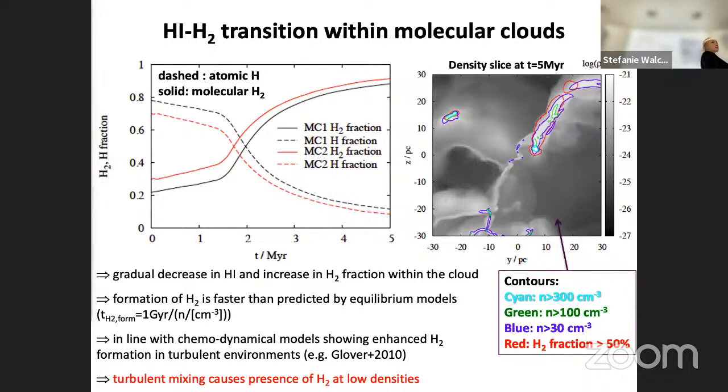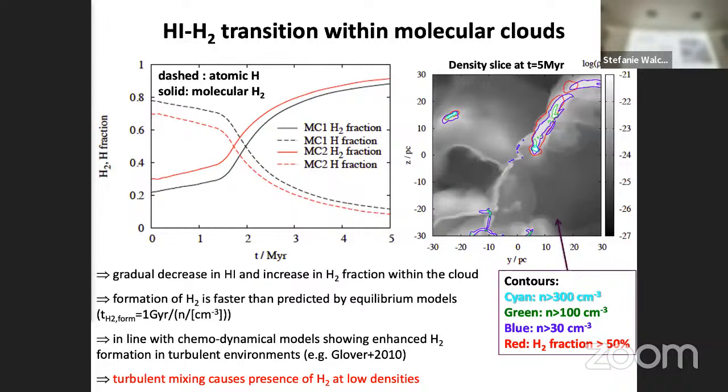This is the case because we have turbulent gas here. Basically we have shocked gas, which locally increases the densities, and then molecules are formed, and then there's a lot of mixing going on due to the turbulence, mixing the molecular gas into the ambient medium, which has lower density. There's also a paper by Simon Glover which discusses this.